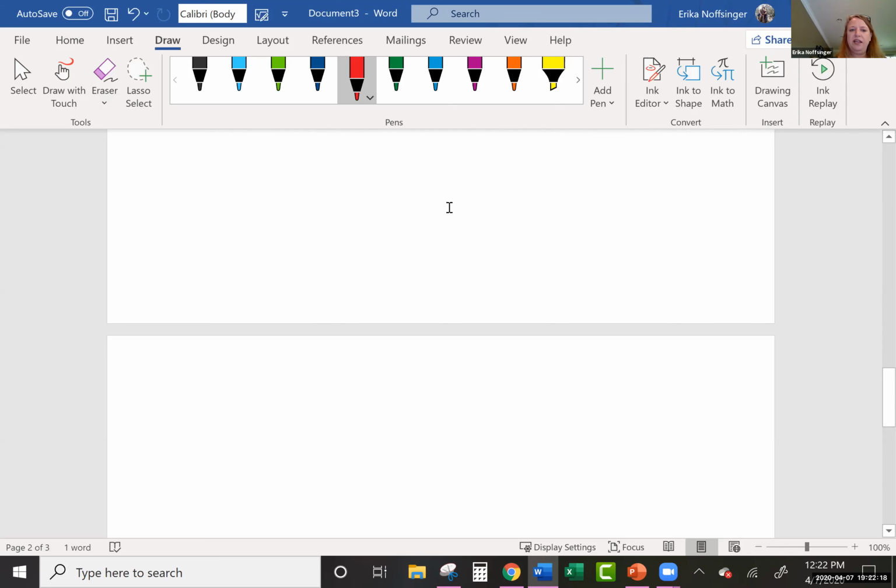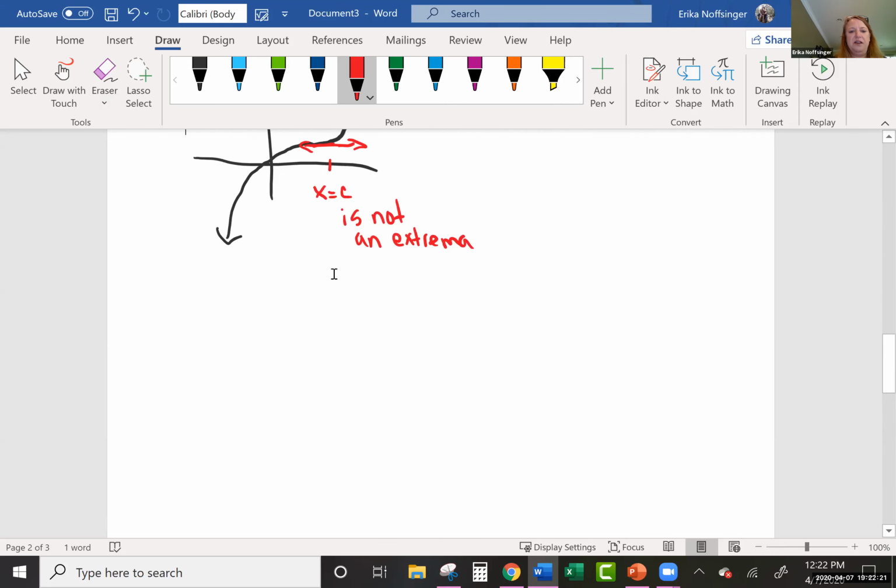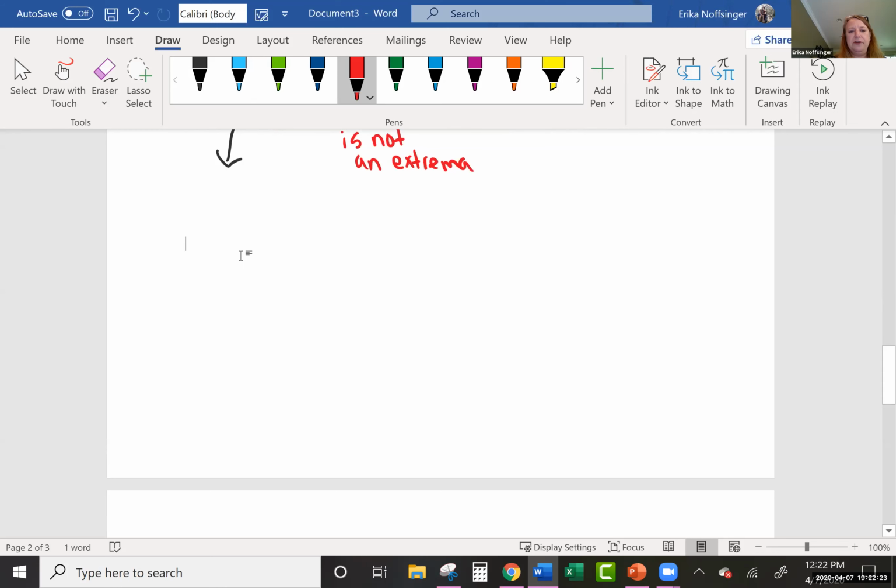Okay, so the first thing we want to do when we're looking at where a graph is increasing and decreasing is figure out when the first derivative is equal to 0 and when it is undefined.